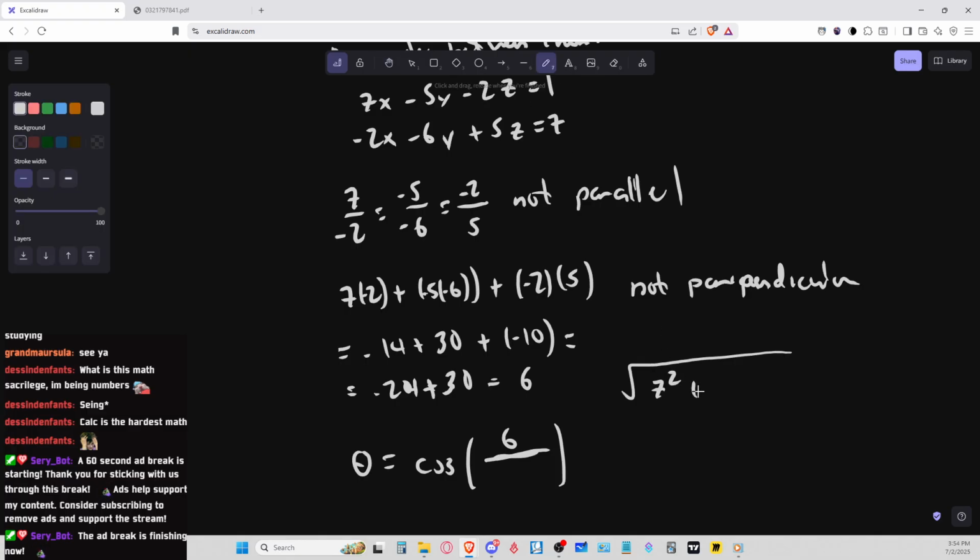So 7 squared plus, we'll just call it A, magnitude of A. So 49, 25 plus 4.